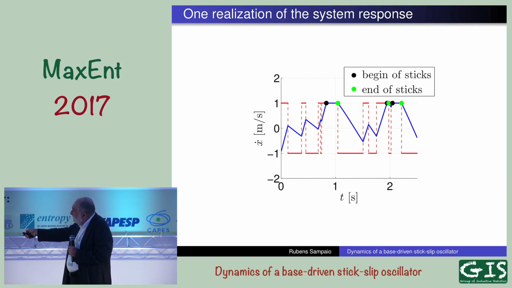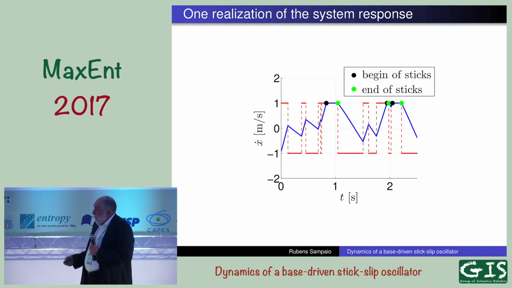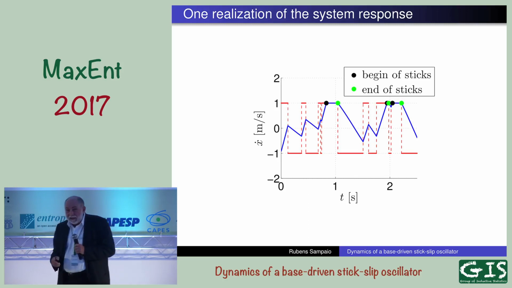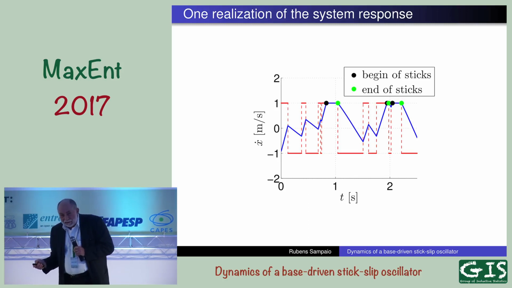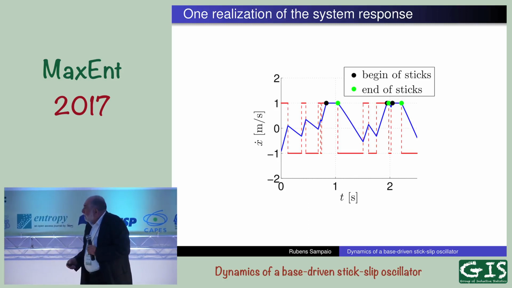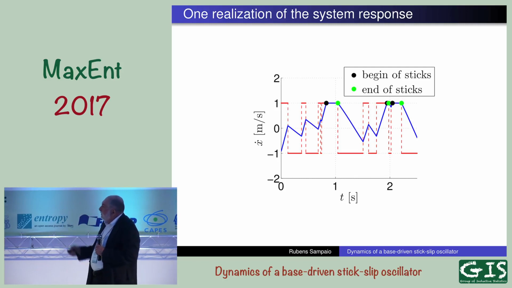Here it ends, then slips, then I get another beginning of another stick, and so on. In order to integrate this, depending on lambda, it takes a lot of time. It can take from a few seconds to 3 hours. If lambda is very big, some of the realizations we made take 3 hours.